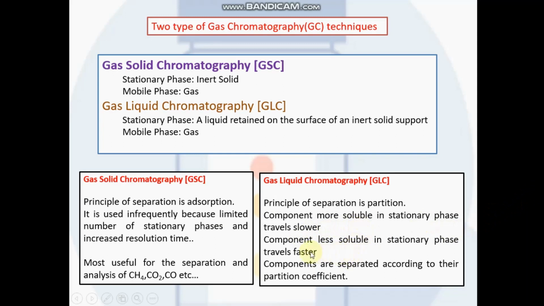A component less soluble in the stationary phase travels faster through the column. That is, components are separated according to their partition coefficient. So in gas solid chromatography, the principle is adsorption, and in gas liquid chromatography, the principle is partition.